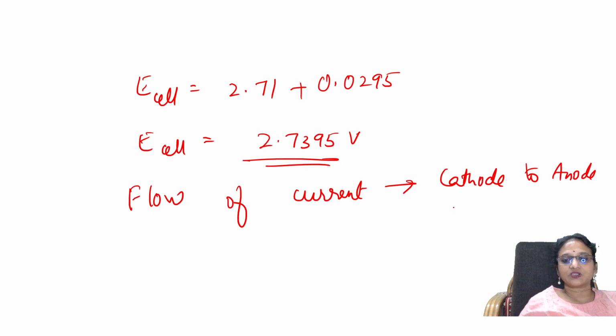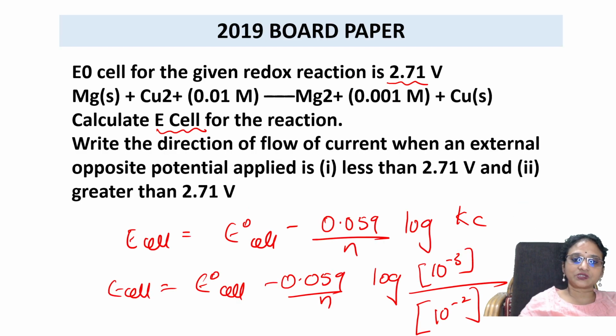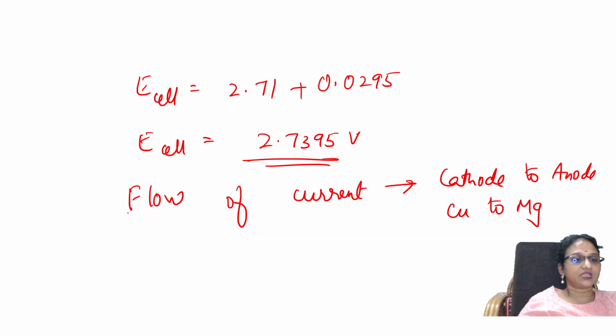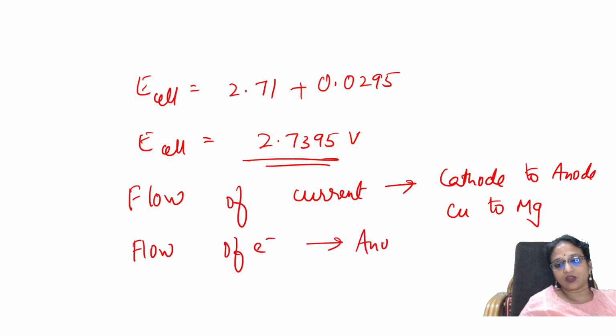That means from copper to magnesium, the same direction. And the next question is for greater than 2.71. We very well know electrons always flow from the magnesium anode to the cathode.